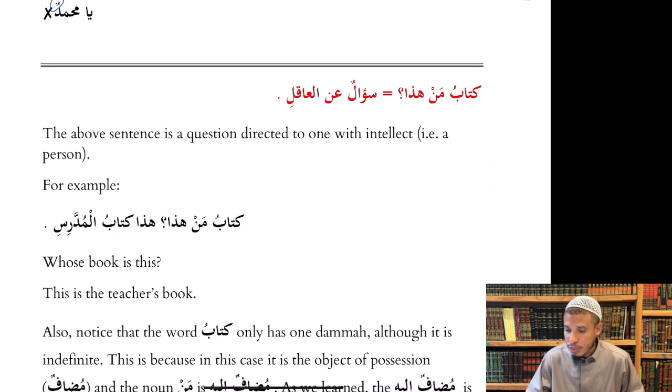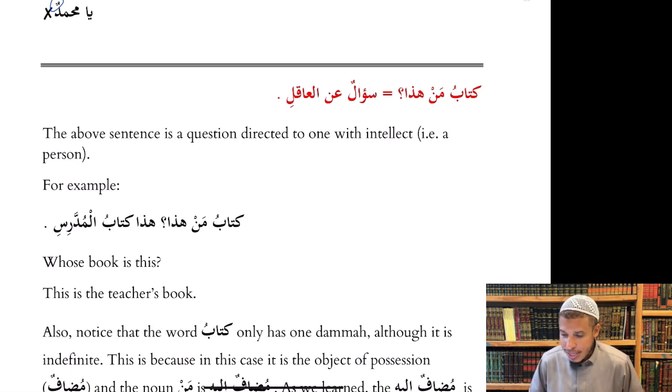Alright, the next principle. كتاب من هذا. This is سؤال عن العاقل. So this question is directed to one with intellect, meaning a person. كتاب من هذا is directed to one with عقل, with intellect.